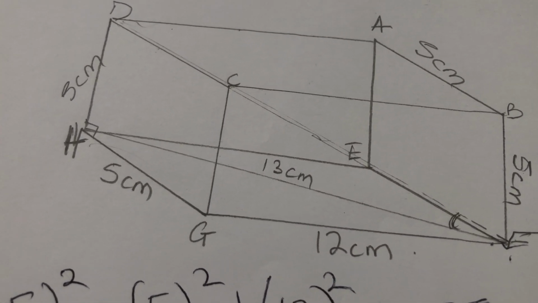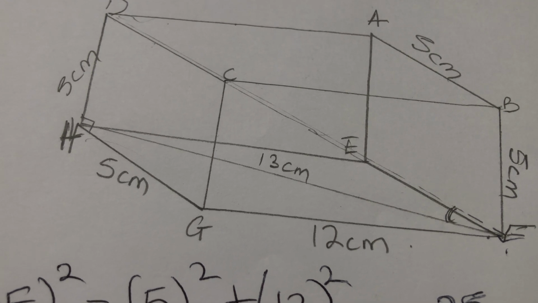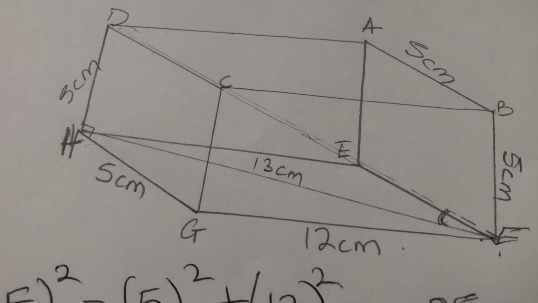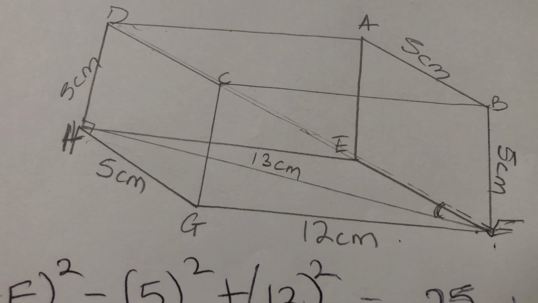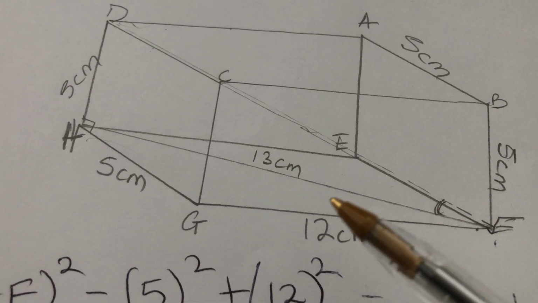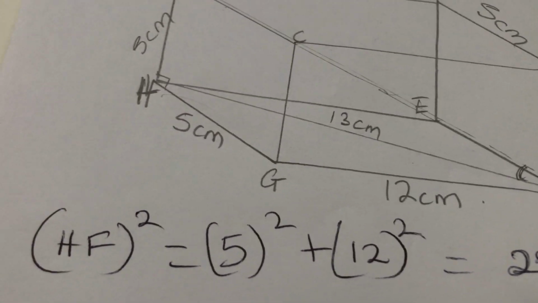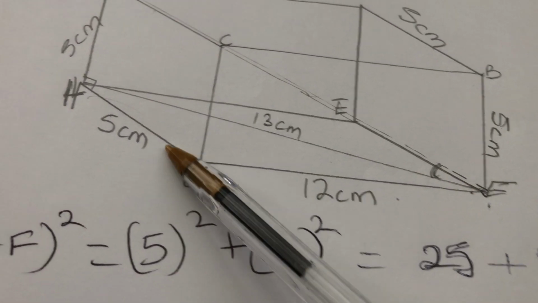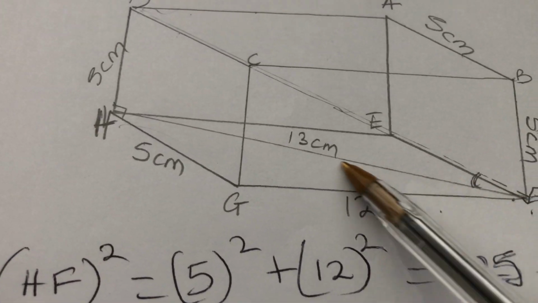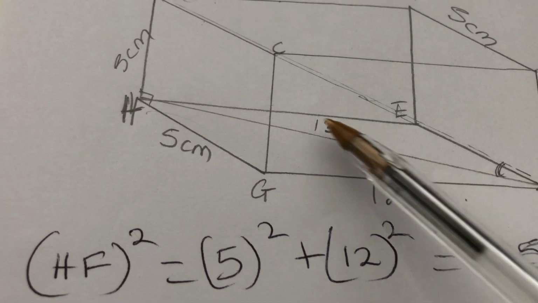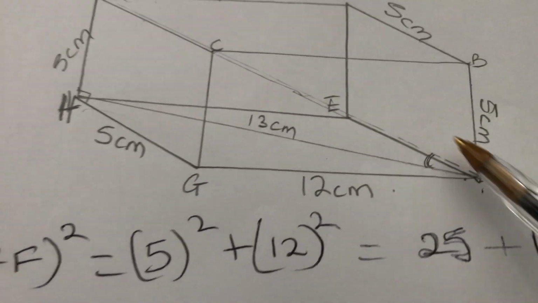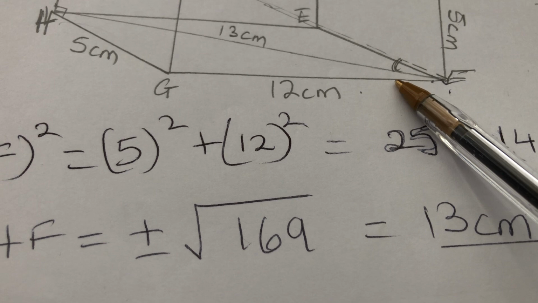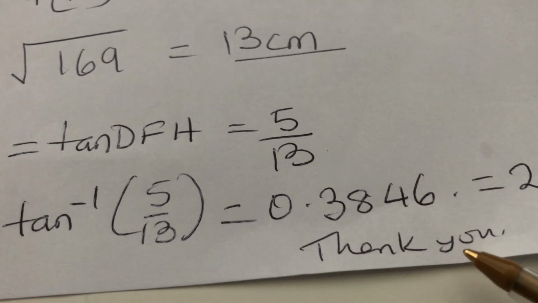So when you get a box from delivery next time, keep it for a day or two, and just try and visualize these things. First of all, you use this and that to find this length here, and then use the height and the right function, which you found to be tan, to find the angle, which we did.